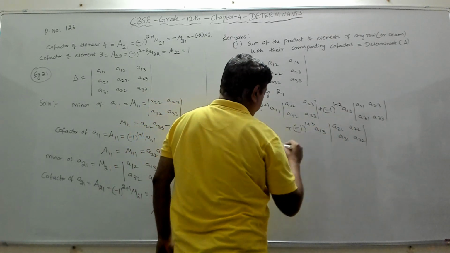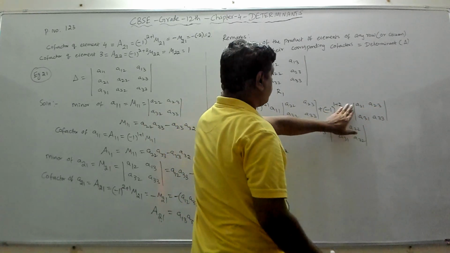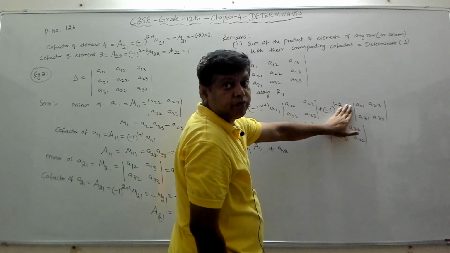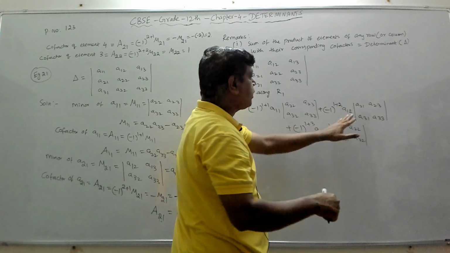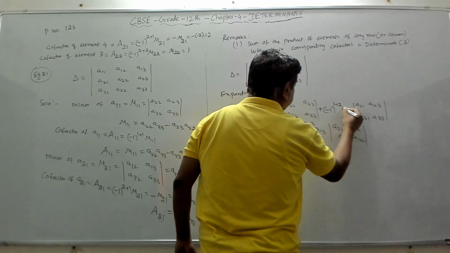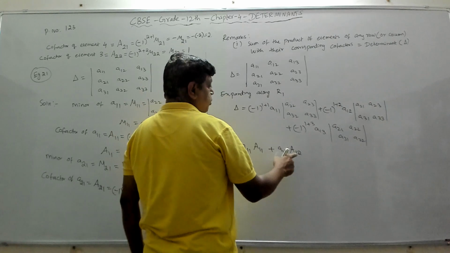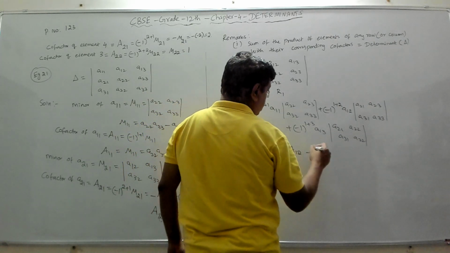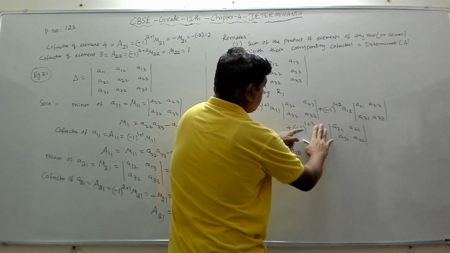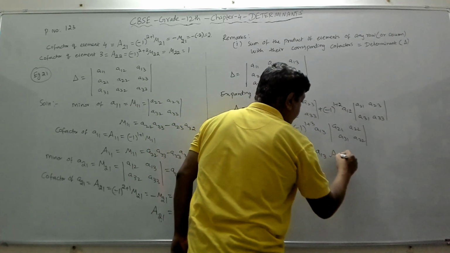Plus this is A12, and the remaining minus 1 power 1 plus 2 and this determinant is the cofactor of this element A12, denoted by capital A12. Plus A13, and the remaining minus 1 power 1 plus 3 is nothing but the cofactor of A13, denoted by capital A13.